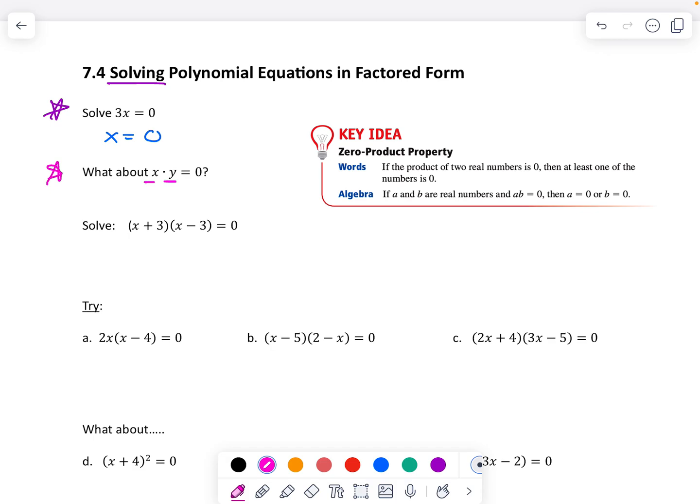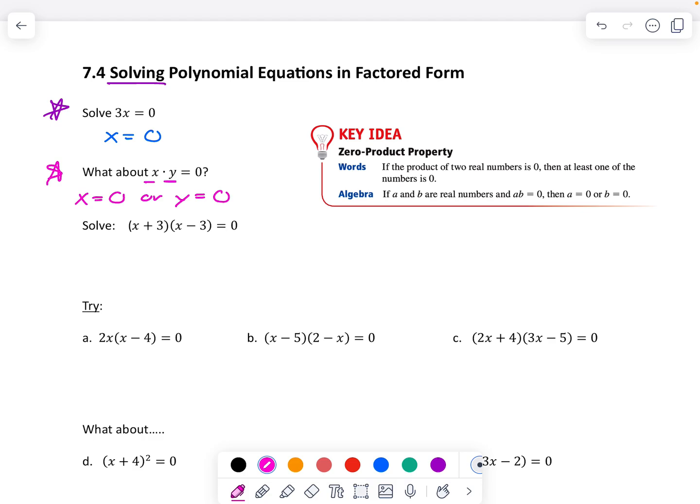Well, if we have two things that are multiplying together that equals 0, the only way we can get an answer of 0 when we multiply is if either x is 0 or y is 0. That's the only way. One of those numbers has to be 0, or we'll never get 0 for an answer.